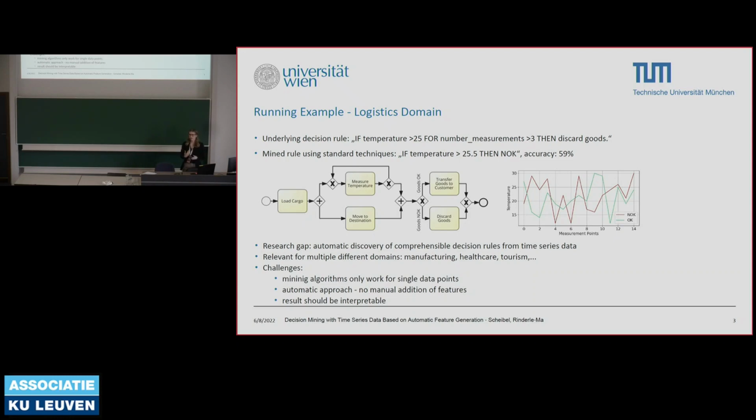However, that was more of an interactive approach, and we wanted to specifically focus on an automatic approach. And also, a third challenge or a third goal was that the results should be interpretable. So we don't want a black box approach. We want a result where we have a decision rule that can be read by users, by domain experts, and can be checked for correctness. So we want to provide more transparency as a whole.